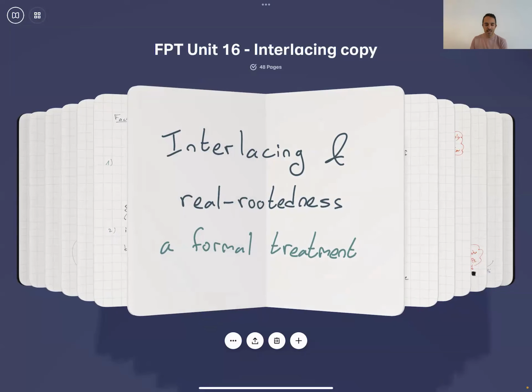So what we're going to do next, let's start it in the next video. We are going to give a formal treatment of real-rootedness and interlacing. It will have 6 claims. All of them are quite straightforward, but they capture the relation between real-rootedness and interlacing, and they are not going to be quite what I mentioned, something a bit different.